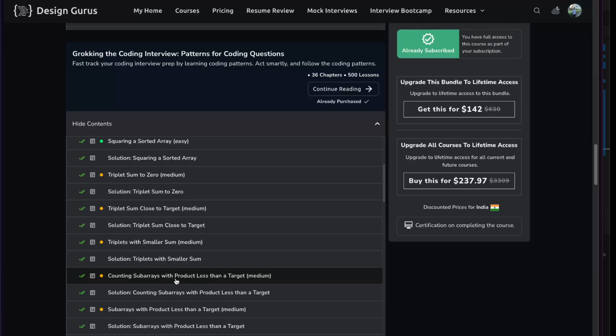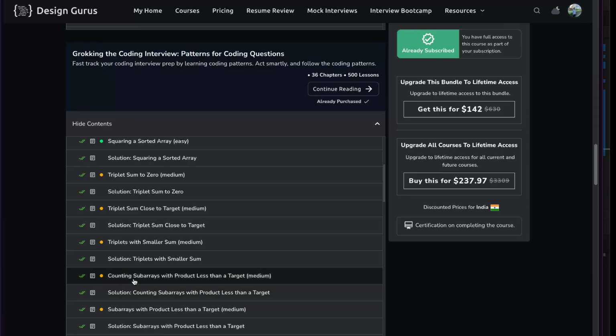This one was interesting because there were two solutions to it, by the way. The first one is pretty easy: the brute force, in which I was using n cube. But the second solution is quite complicated because I need to know exactly that statement.